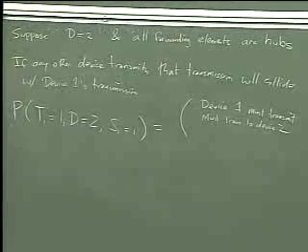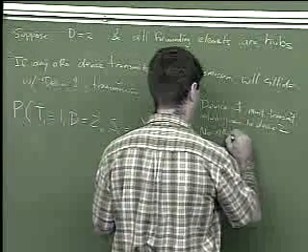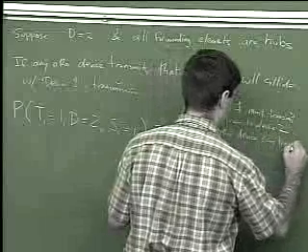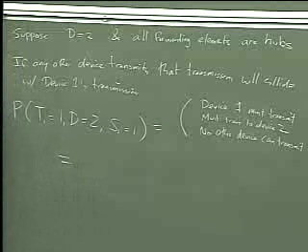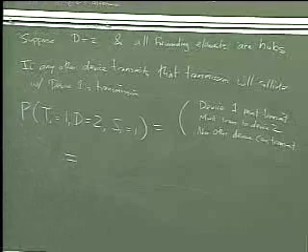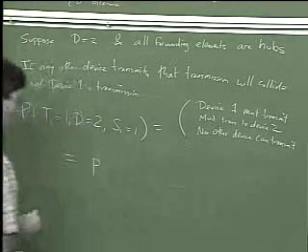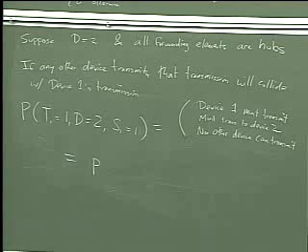No other device can transmit, right? Okay, so now, what is that probability? What's the probability that device 1 transmits? P. What's the probability that it transmits to device 2? 1 over k squared minus 1.